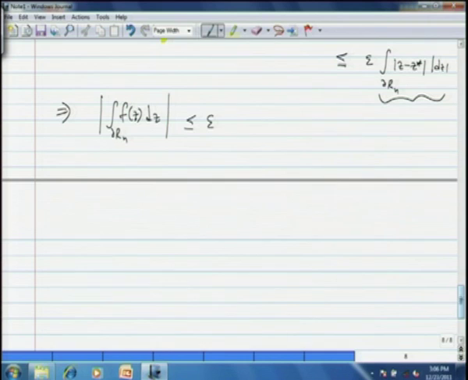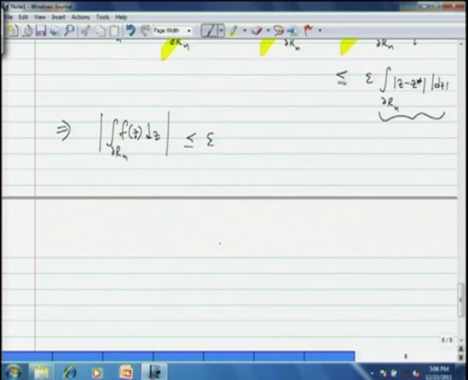length of the diagonal. So, here is the picture. If you look at z star, and here is R n, containing z star, it could be anywhere in R n.